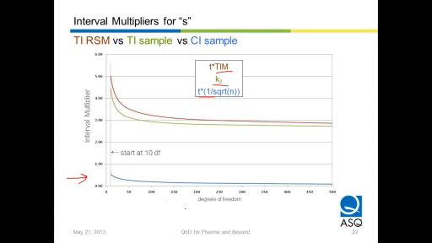And then, of course, they drop off as the number of degrees of freedom go up. But at 10 degrees of freedom, you can see that there's a big increase from trying to do just a confidence interval up to a tolerance interval on a single sample, and then there's a further increase that's required if you're working with a multi-factor experiment.